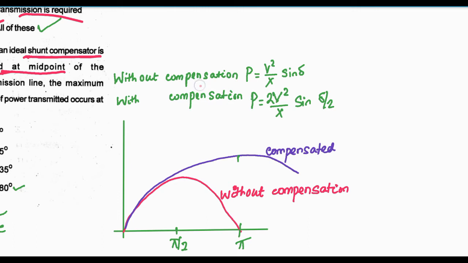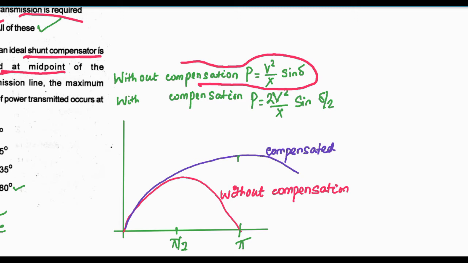Without compensation, what is the power formula? Power formula is P is equal to V square by X sin delta. But with compensation, what we are getting? P is equal to 2 V square by X sin delta by 2. That means we are getting almost 2 times the power transmission capability.